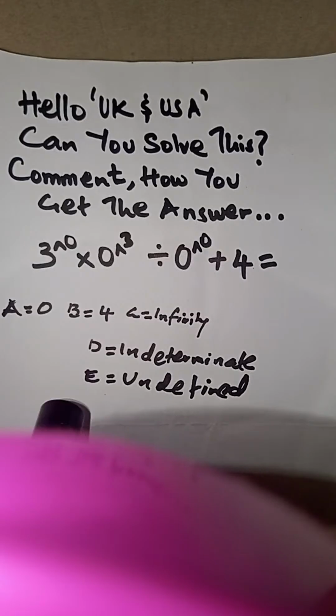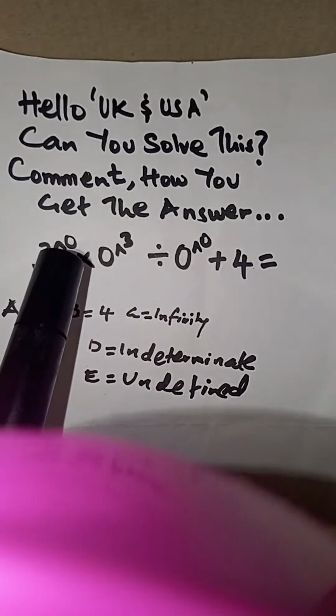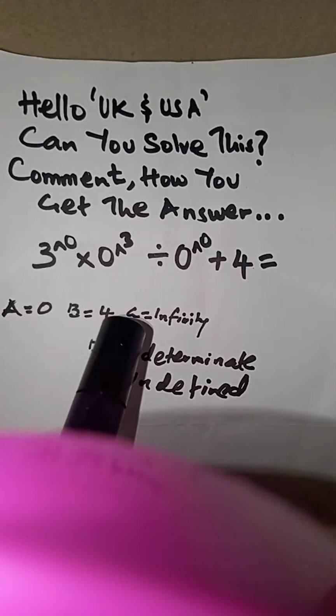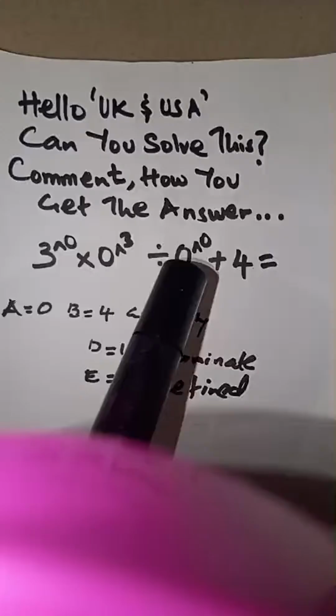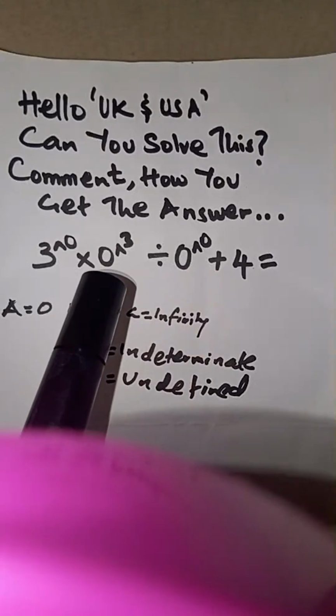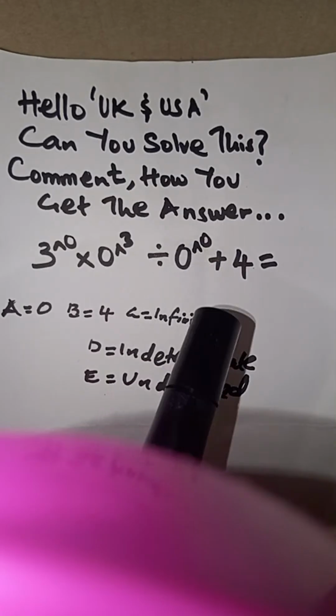So on your side, kindly comment on the possibilities of how we're going to get the solution to 3 to the power 0 multiplied by 0 to the power 3 and then 0 to the power 0 plus 4.